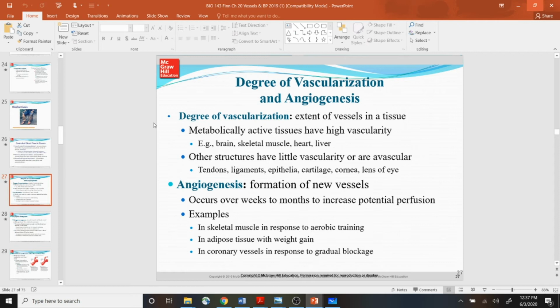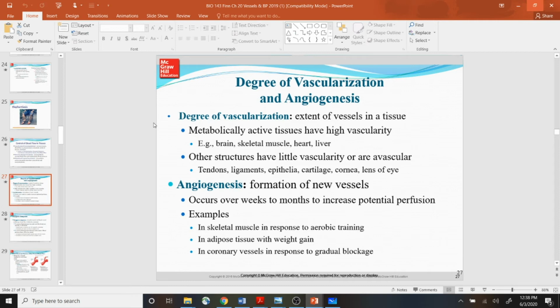The degree of vascularization, this is our first way, besides having, there's certain areas of the body that have already been built to have high vascularity. And it's just going to stay that way for the rest of your life. Otherwise, you die. If your brain doesn't have a high amount of blood vessels at all times, you could die. Your cartilage is never going to suddenly develop more blood vessels. It's built with little vascularity, just is what it is.